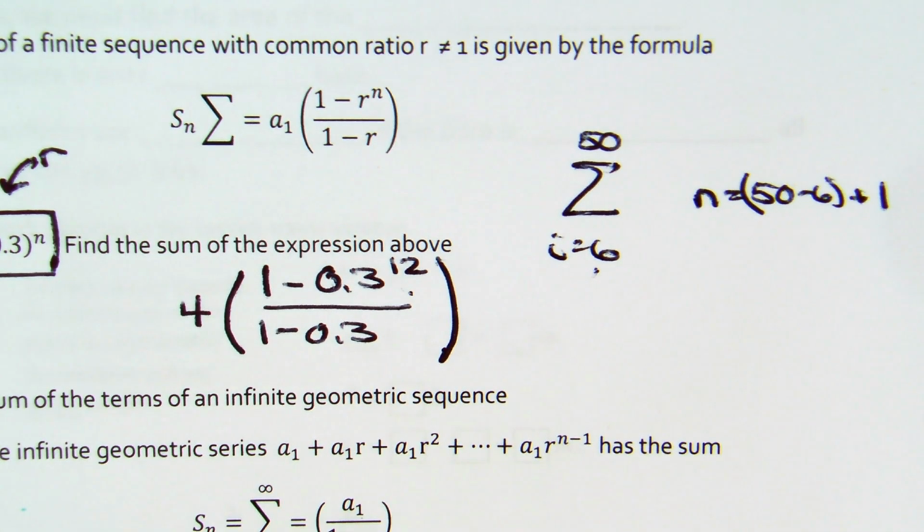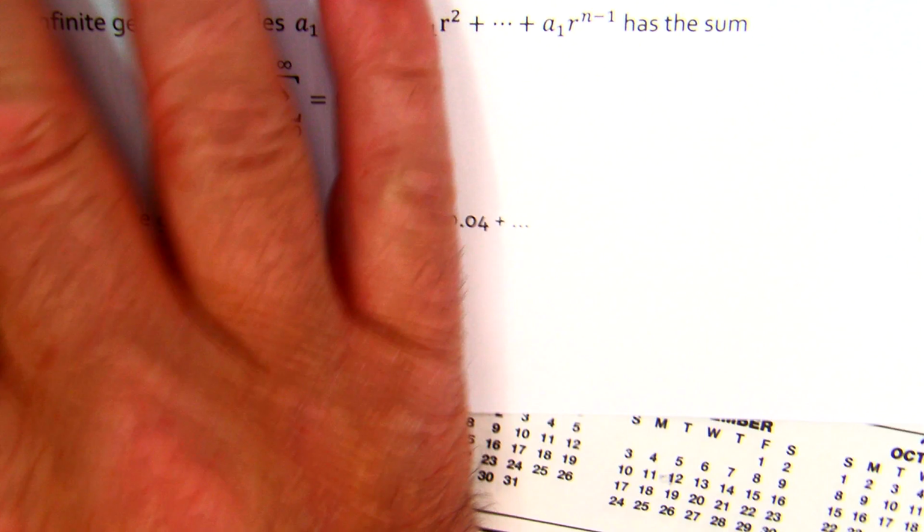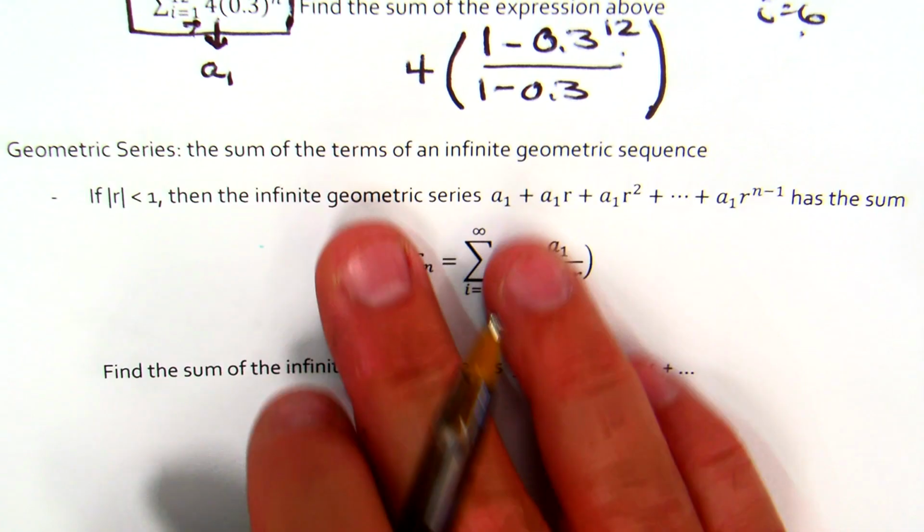So what's 50 minus 6? 44. 44 plus 1 is 45. If i is 1, you can just grab the top number. If i is not 1, then you have to subtract and add 1. Seem good?